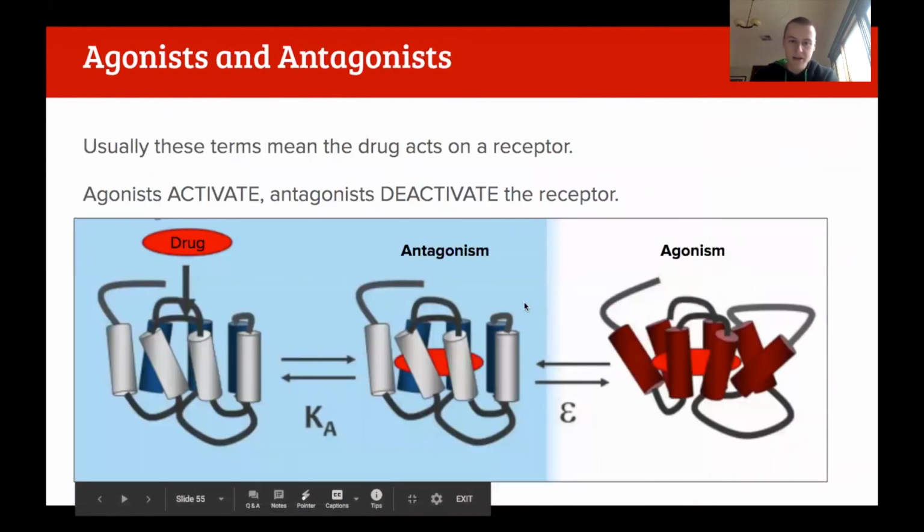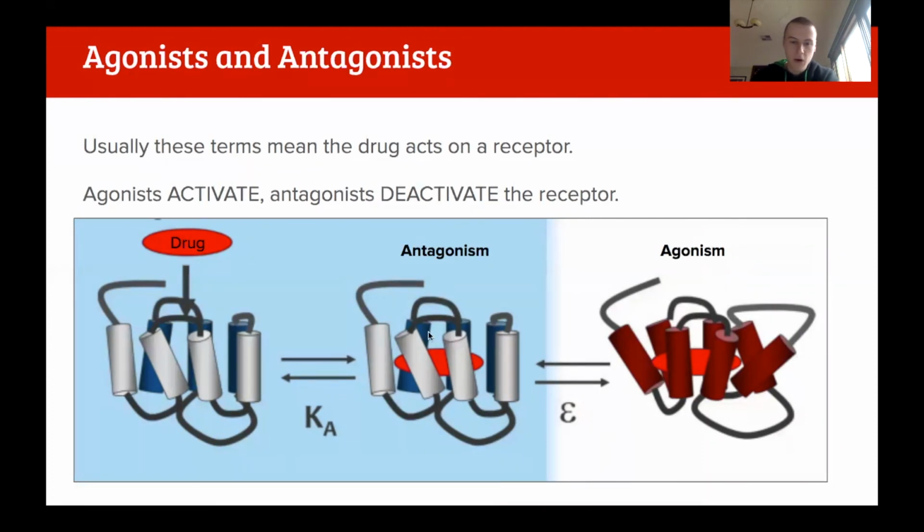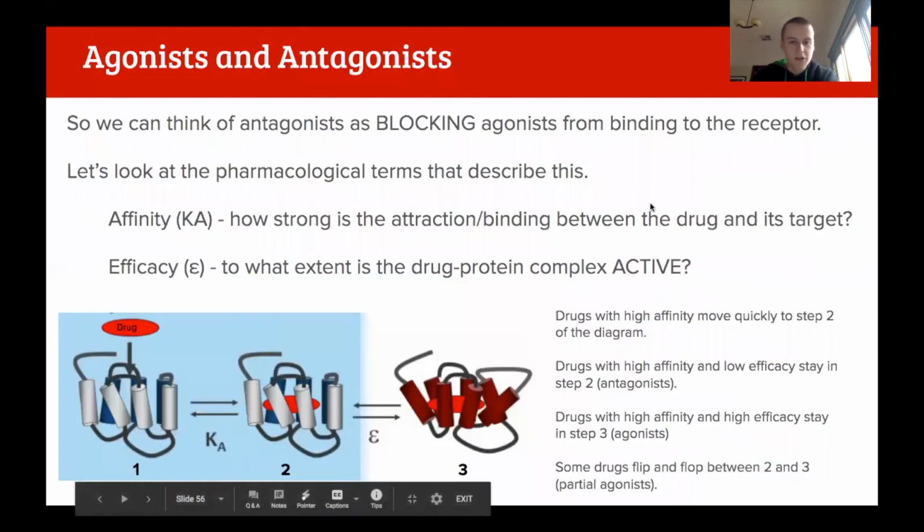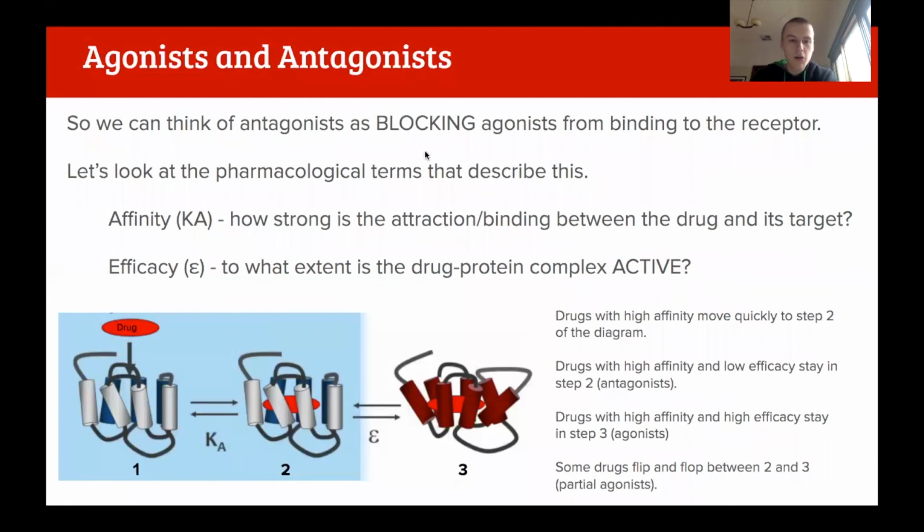Now, this diagram is just summarizing what I was saying before. So at this point, in the center, we're talking about antagonism because it's blocking, it's not allowing the target protein to perform its function, but it can also act as an agonist. So we can also think of this in a more pharmacological sense.